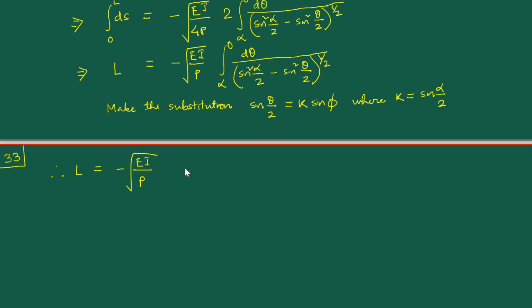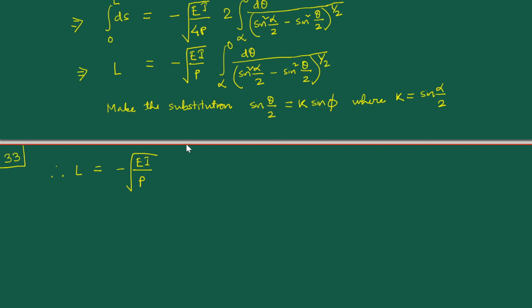I have to be a little bit careful here, because you see this integration here is with respect to theta. But when I make this substitution, I am going over from theta to phi.